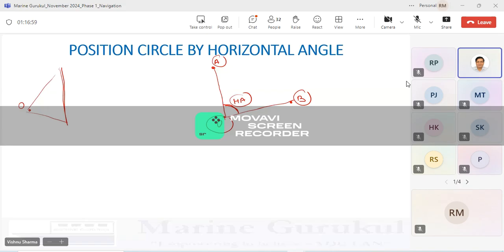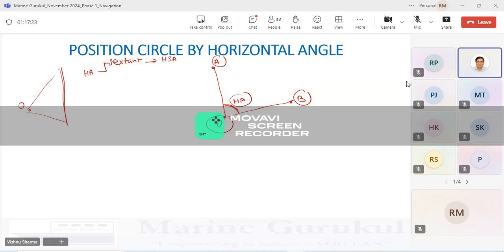Now, how can we get this horizontal angle? One is you can measure it by sextant, by holding the sextant in the horizontal plane. Obviously, if you obtain it by sextant, that will be called the horizontal sextant angle.